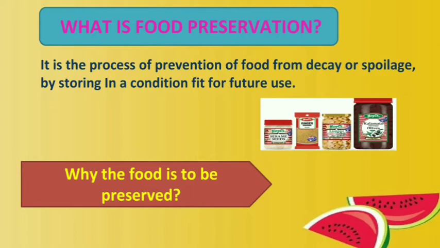The advances in packing materials have played an important role in modern food preservation. Now we'll discuss the various methods of food preservation. We will see them one by one.